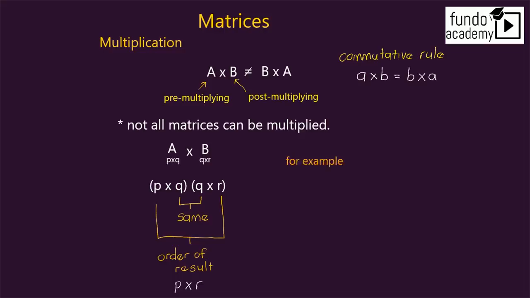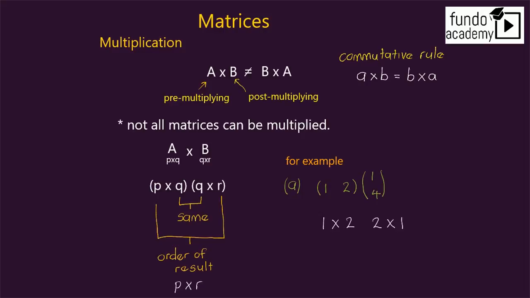For example, let's say we are multiplying two matrices: the matrix 1 2 and the matrix 1 4. The order of the first matrix is 1 by 2, remember, 1 row, 2 columns. The order of the second is 2 by 1, that's 2 rows and 1 column.